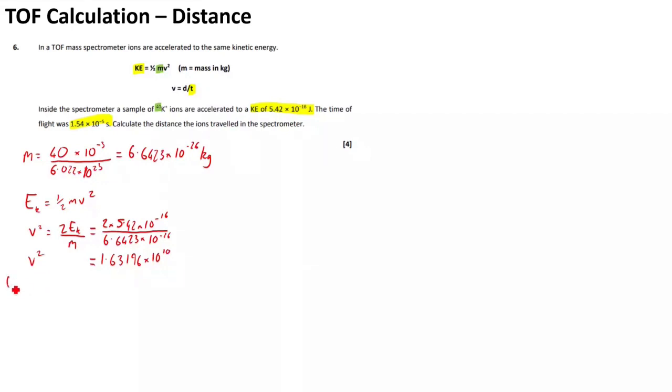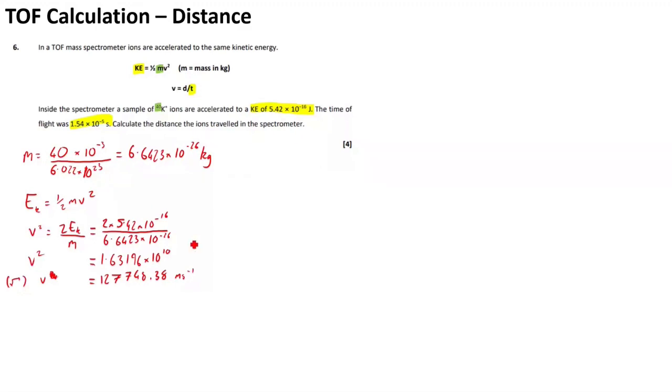And then if we square root the answer, then v, just v by itself, is going to equal 127,748 meters per second. One thing to notice is that in the question, all the bits of data they've given you are to three significant figures, although in this case that is also 2 decimal places.